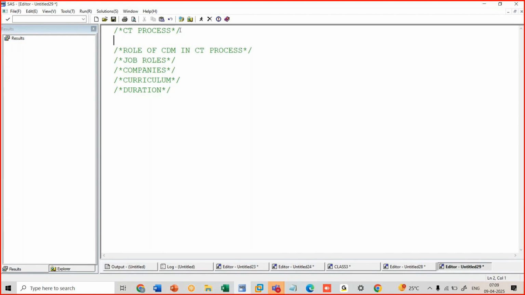So first of all, what is clinical trial? Clinical trial is nothing but testing the new product.